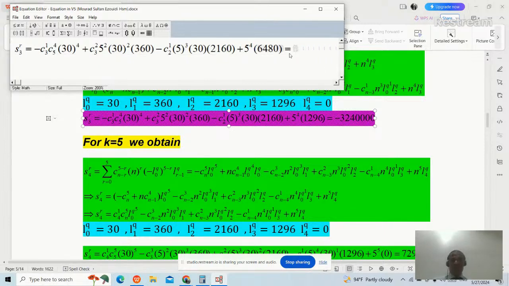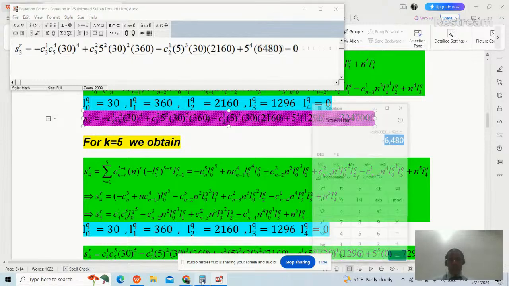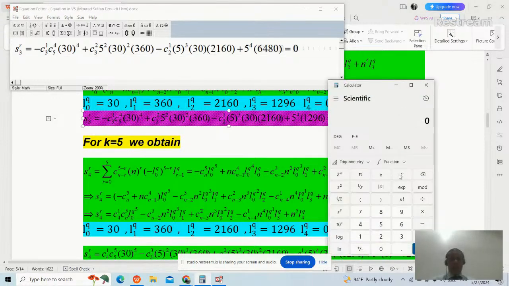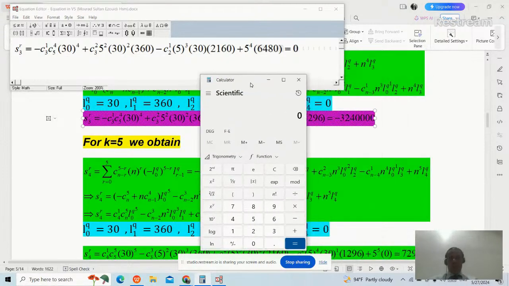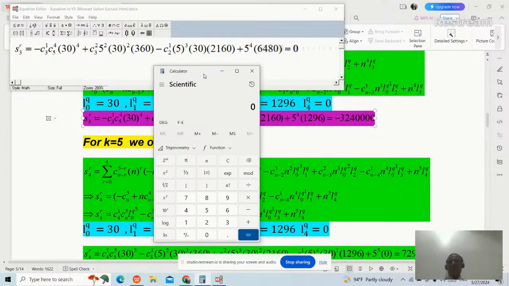Okay, I will repeat again, learners. Let's check again, please. Sometimes the artificial intelligence in the calculator can change your script, subscript, sorry.